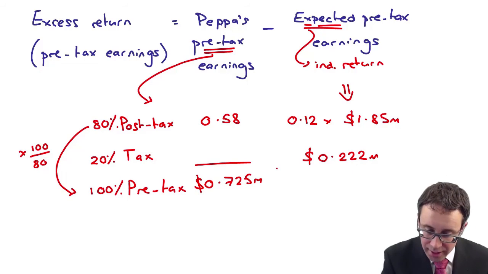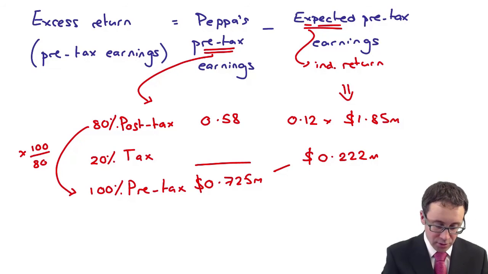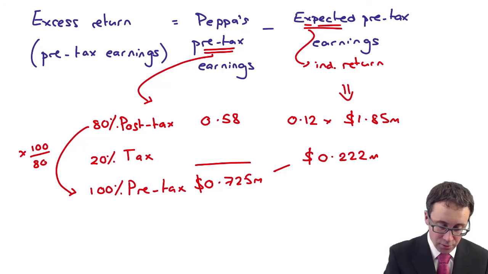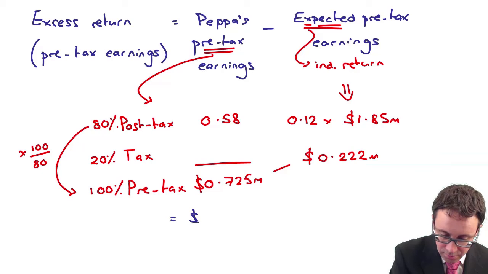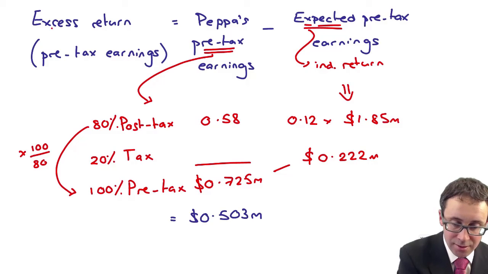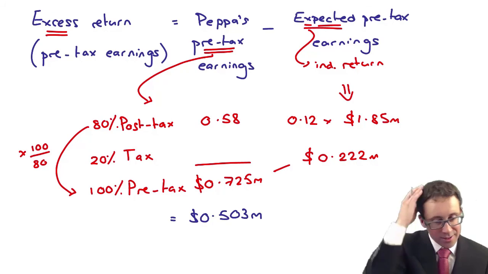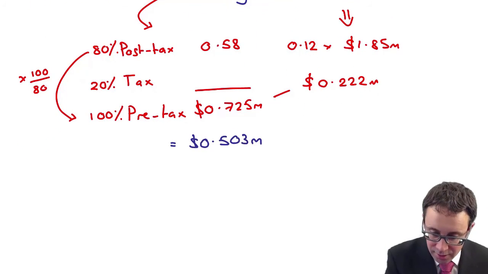If I'm then working out the excess return, then if I do 0.725 less 0.222, that gives me, is it 0.503 million, and that is the excess that Pepper is generating compared to the industry.